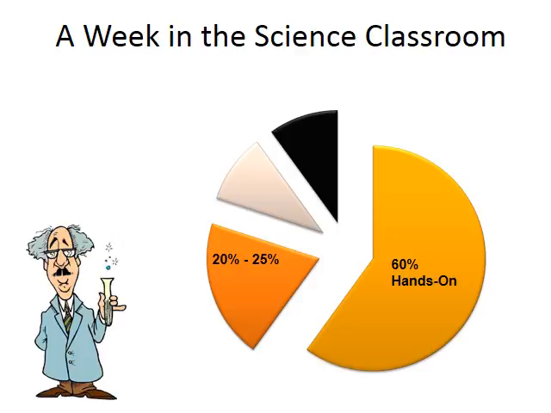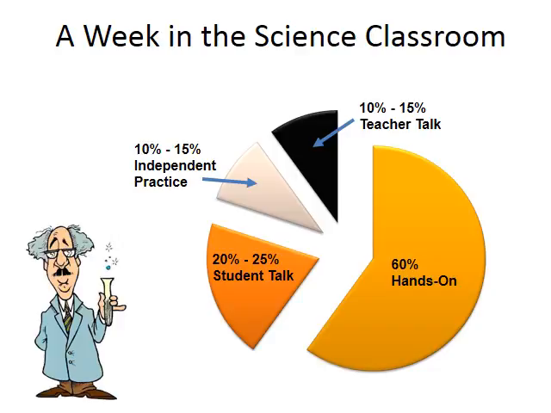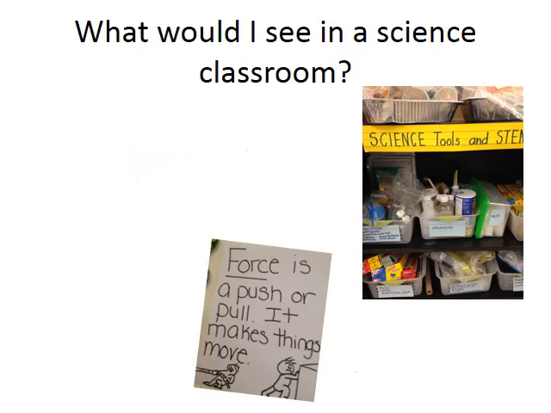Discussion in science by students with peers should be approximately 20 to 25% of the weekly time in science. Approximately 10 to 15% should be spent on independent practice, as well as 10 to 15% on teacher talk. It is important to reiterate that these percentages reflect time spent in a week, not in a day.